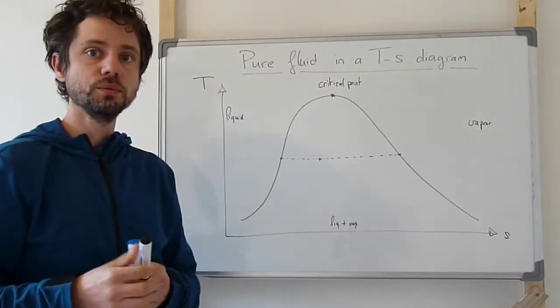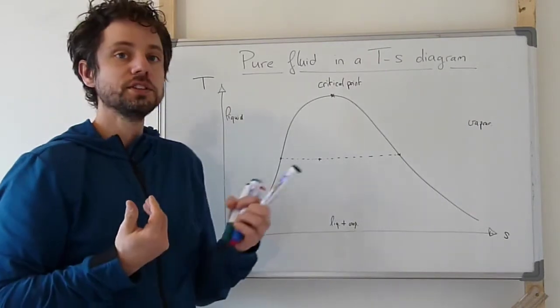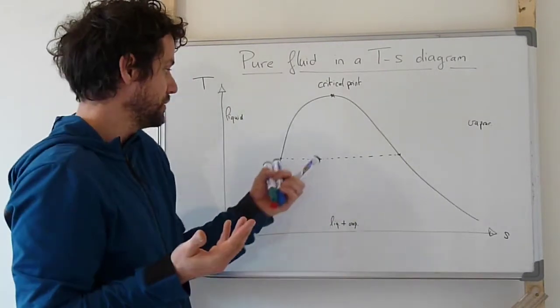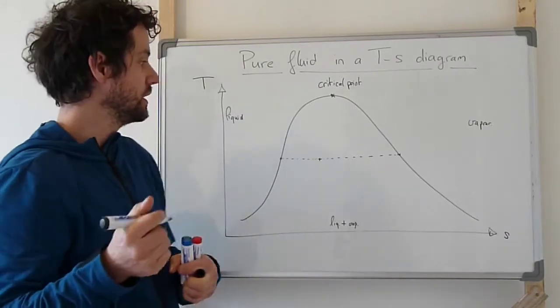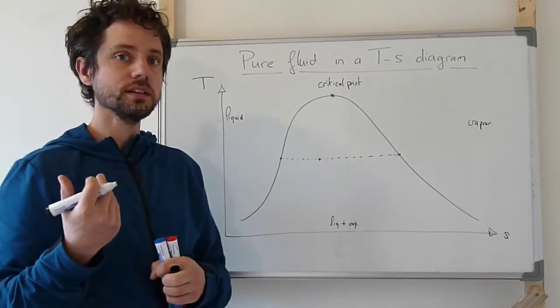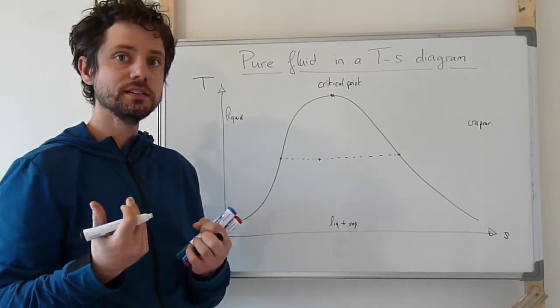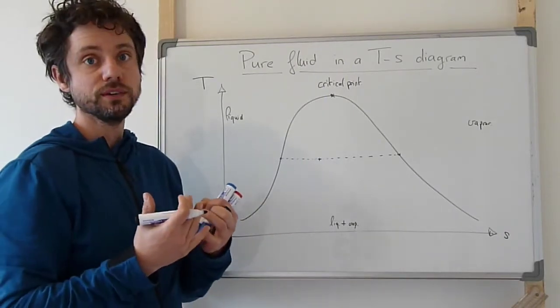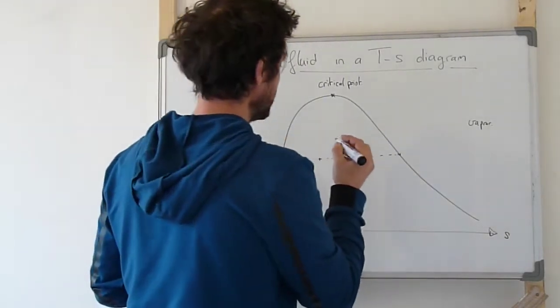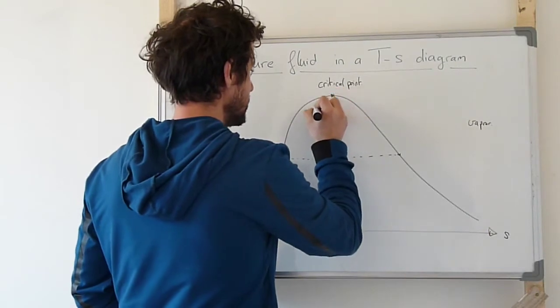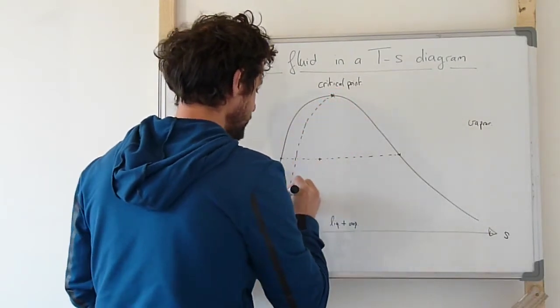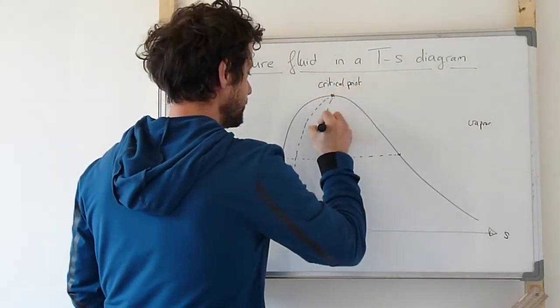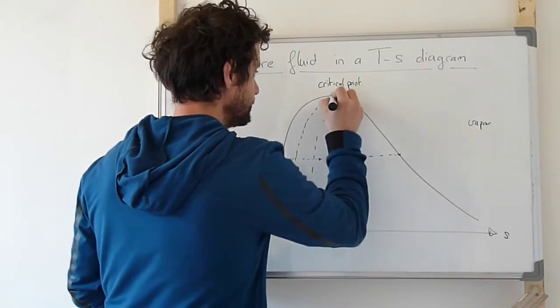So first thing we want to know is how much liquid and how much vapor we have at this point, and what is used in order to define this is what we call the vapor quality. So the vapor quality corresponds to the mass fraction of vapor.